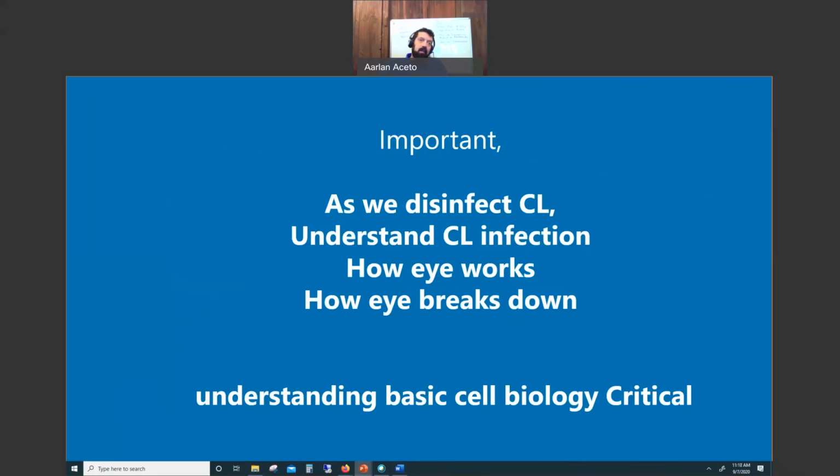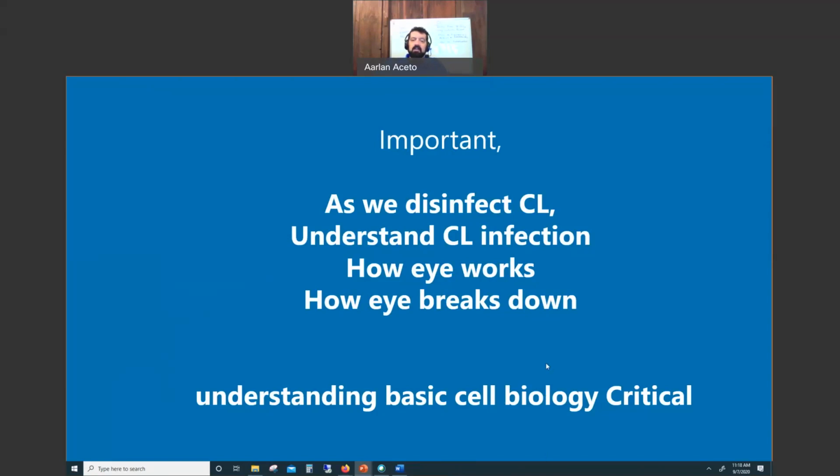We have preservative-based disinfectants. Each of them works slightly differently, and if we understand how cells work, we can understand how the disinfectants work to kill the bad cells that we're trying to get rid of. So the more we know about cells, the more we can look at how contacts work, how we can disinfect contacts, how the eye works, how things break in the eye. Understanding basic cell biology, in my opinion, is critical.